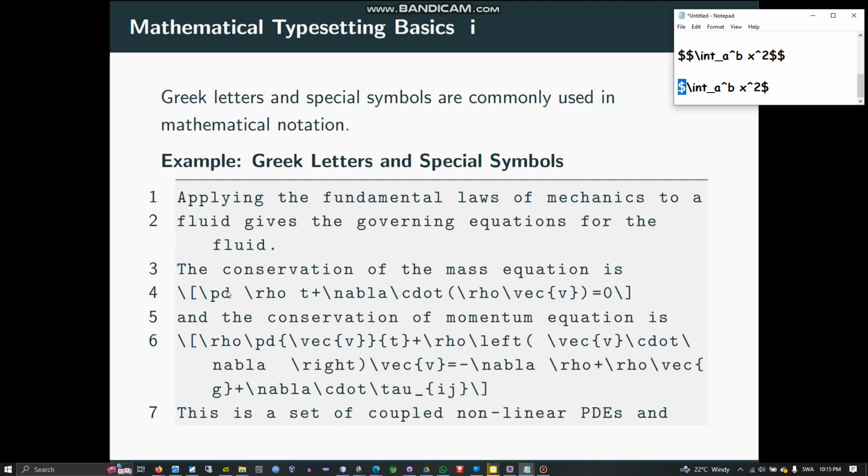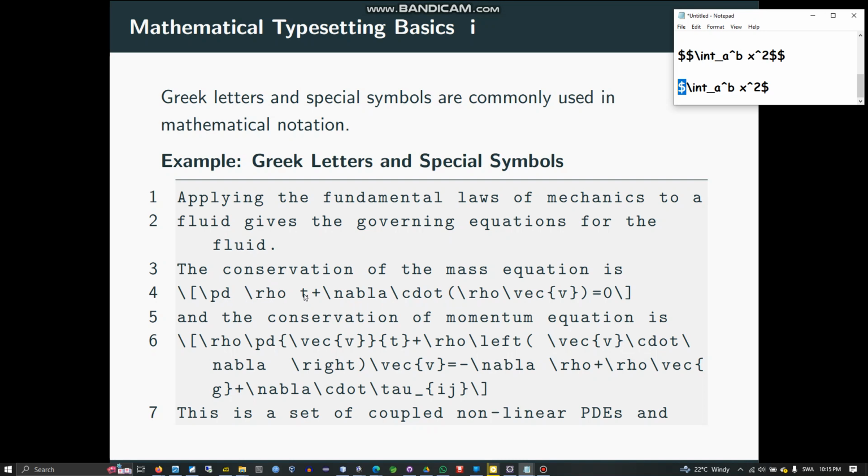For the PD, it's a command that I defined to help me write partial derivatives. So instead of writing fraction, partial, partial, then the numerator, denominator, I defined a command that will help me do that.